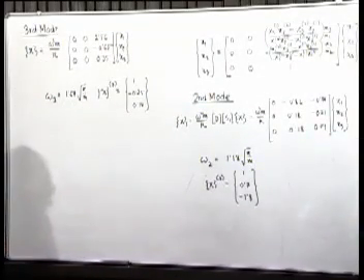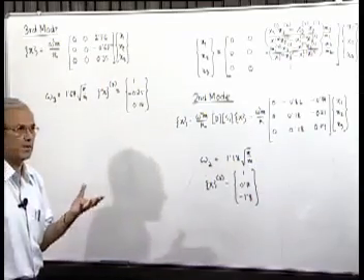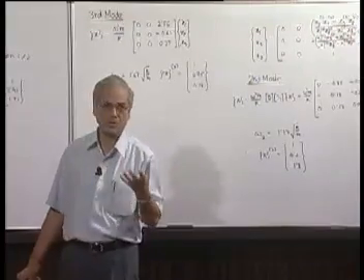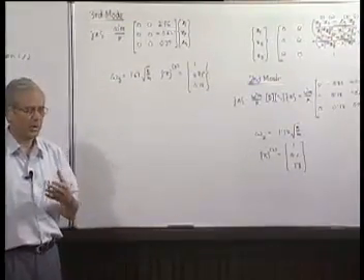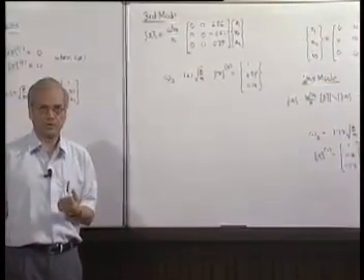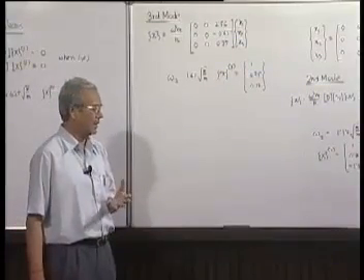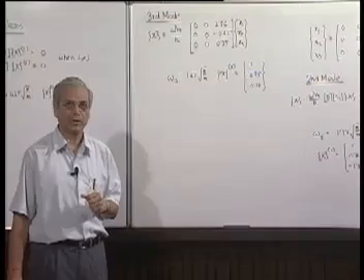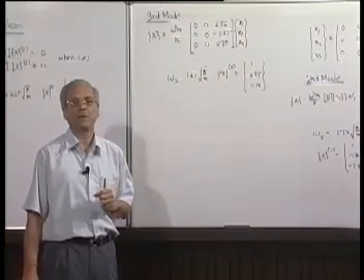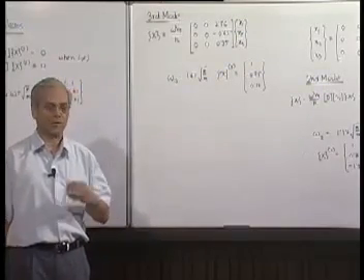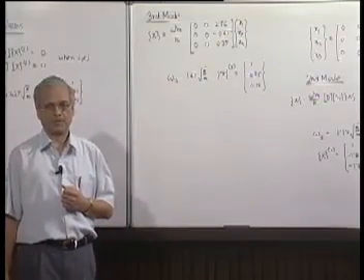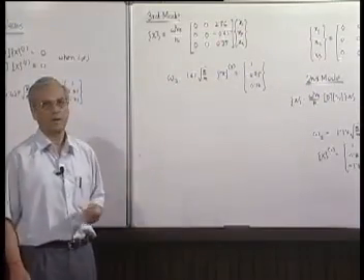The question is, are there methods by which we can quickly estimate the fundamental frequency, which is generally of maximum importance. So in the next session we will discuss techniques by which a quick estimate of the fundamental frequency or first natural frequency can be found without going through such detailed calculations.